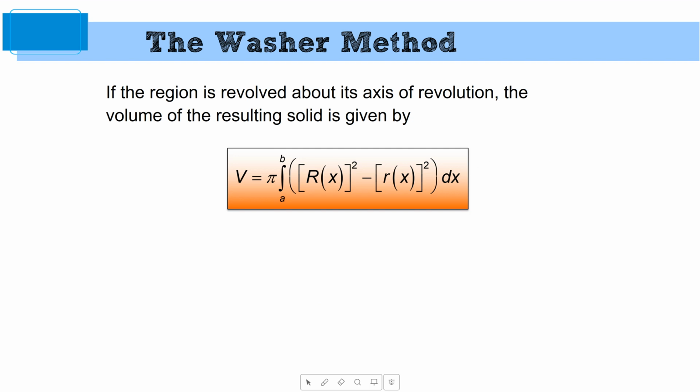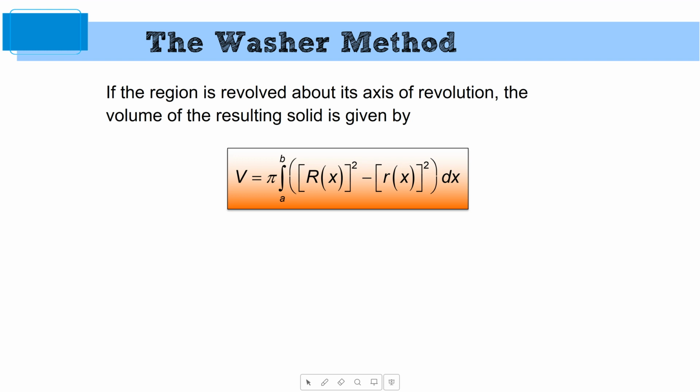So, here's what we're going to do. Now, for those of you that are memorizers, this is going to cause some problems. I find that people that just try to memorize get confused between discs and washers. It's better if you understand where these formulas come from.